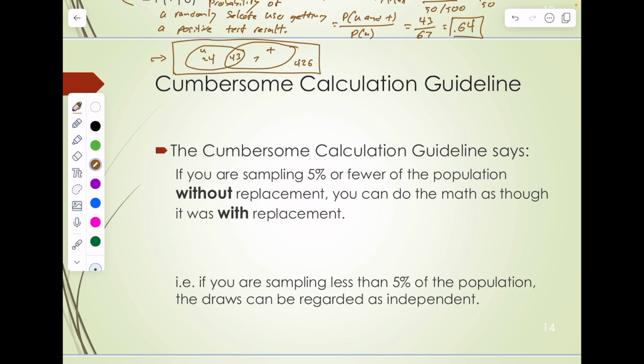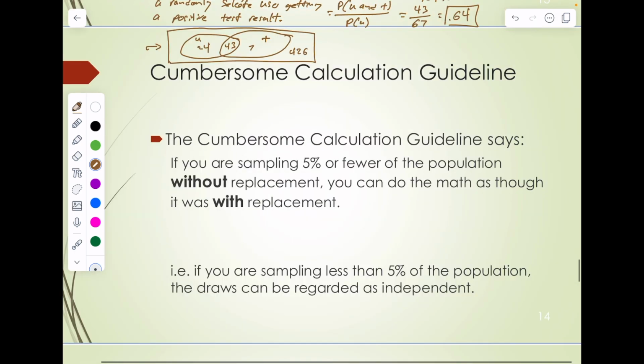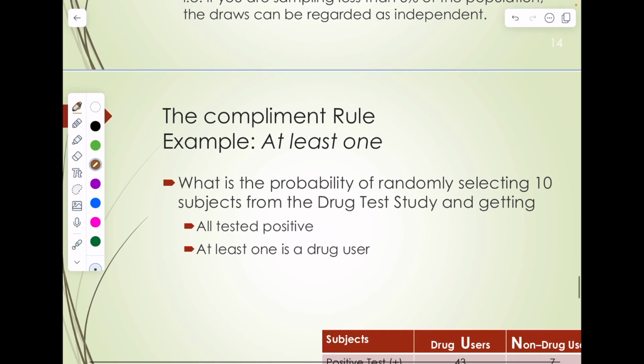There are so many in the population that the calculation is hardly different from if you just assumed that these were independent, that you were replacing. I.e., if you are sampling less than 5% of the population, the draws can be regarded as independent. Remember, we like independent draws because you just multiply the probability each time. So there's the cumbersome calculation guideline. We will talk more about that, and hopefully that'll help it sink in.